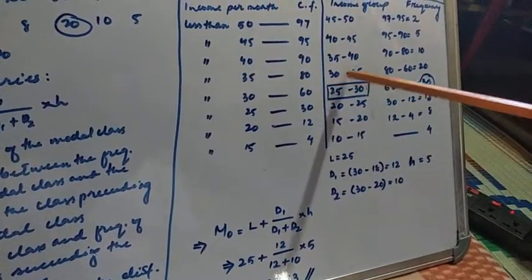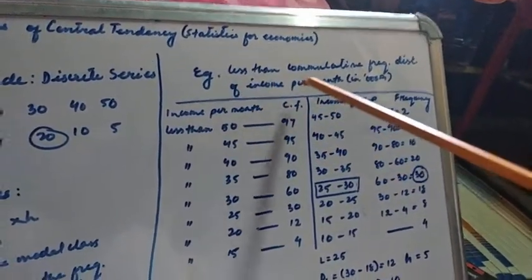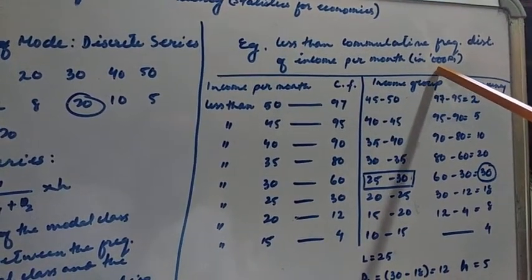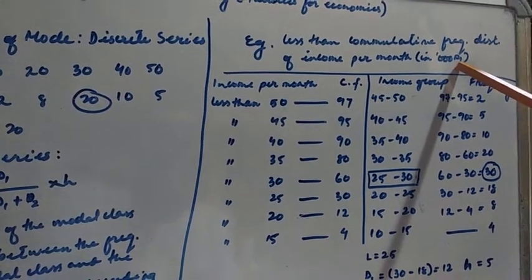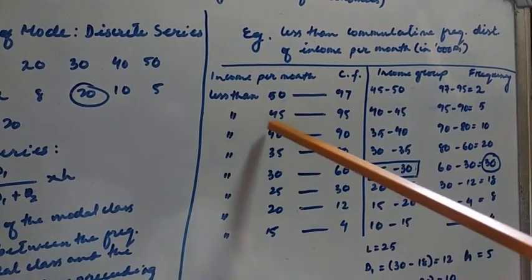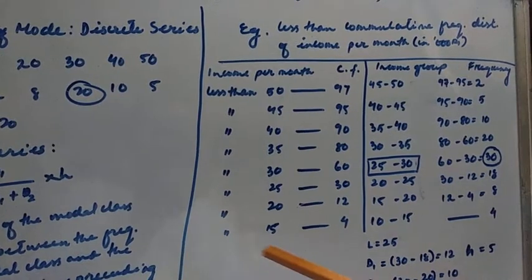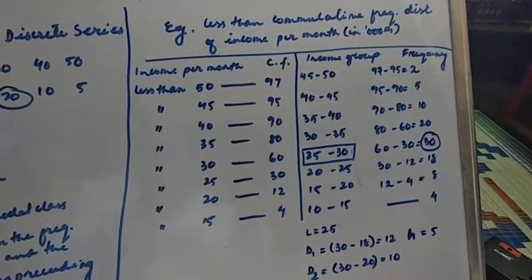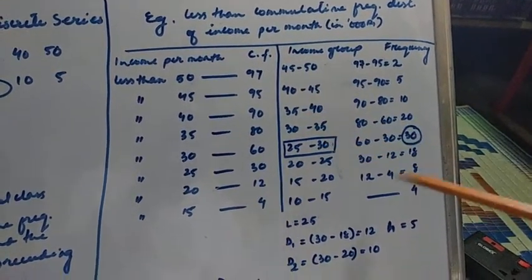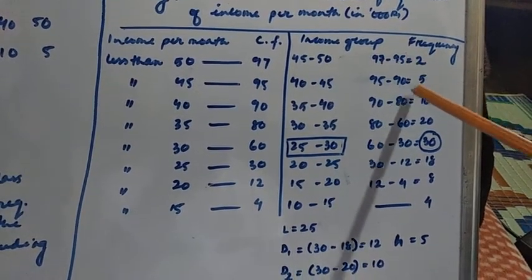So what is the class interval? Here it is 5. In the question, the less than cumulative frequency distribution of income per month in 1000 rupees is given here. So here it is less than 50, less than 45, less than 40. It is not in the form of a continuous series, so you have to make it into a continuous series like this, 45, 50. We have already studied how to find the frequencies.